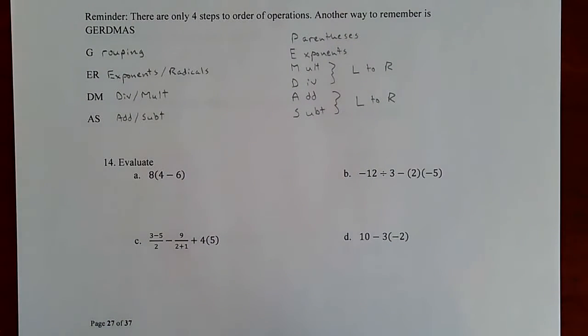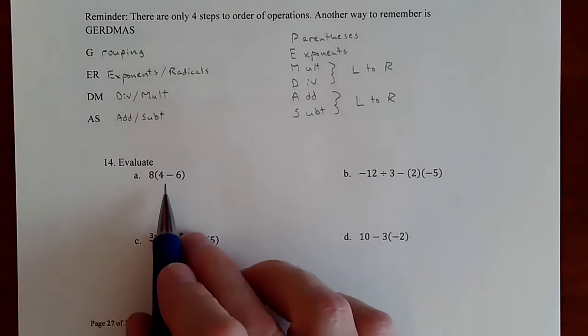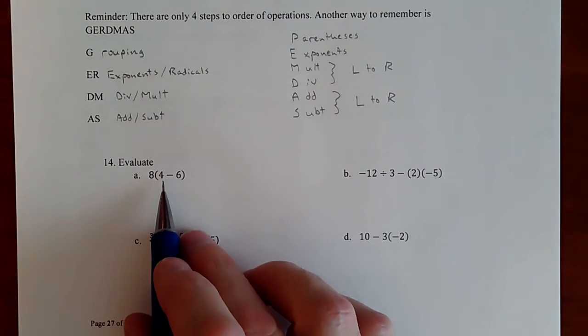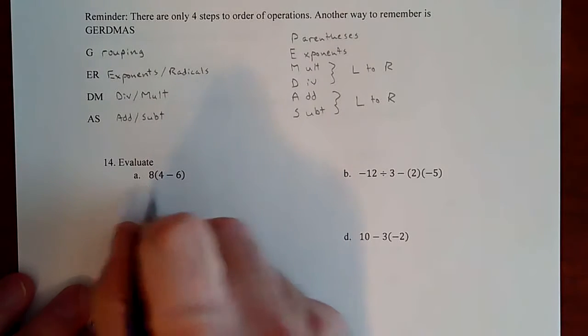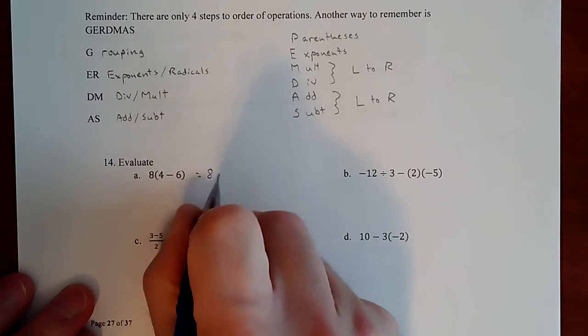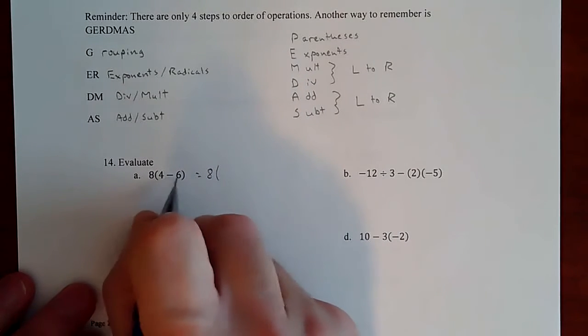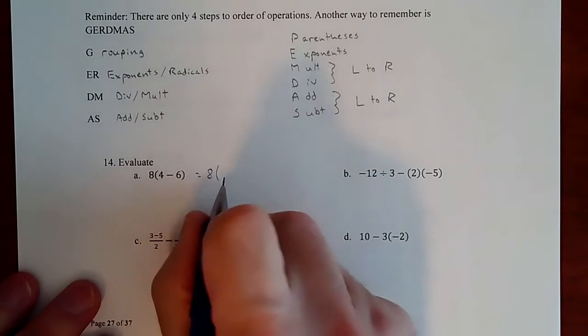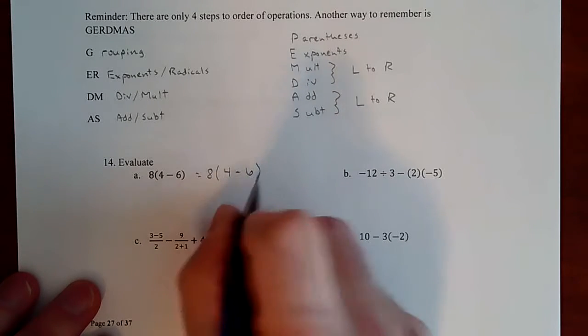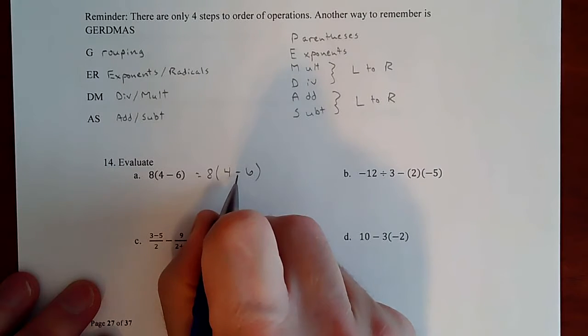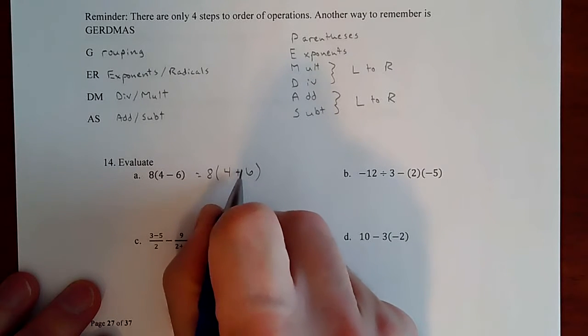If we have this value right here, we're going to take 8, and then 4 minus 6 is our parentheses. So we're going to take care of anything we can within parentheses first. 4 minus 6, I don't love trying to figure that out. In anything that I have subtraction, I add the opposite.